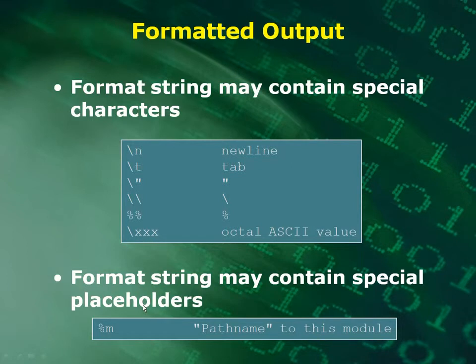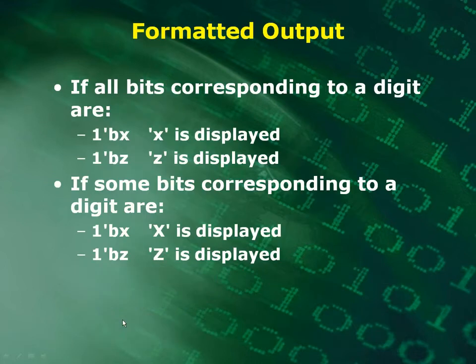You can also use a special %m that will print out the path name to the module. There's no argument needed in your string, but if you put this in the string, it'll actually print out the path to the module of the statement that's being executed. We'll take a look at this in a second.